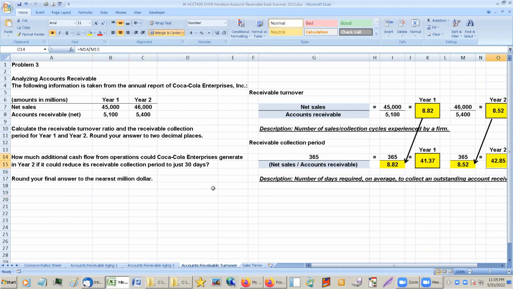Right now it's at 42. So if we were to do this, how much additional cash flow?